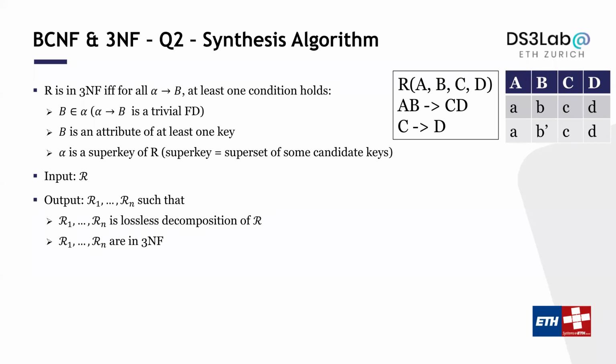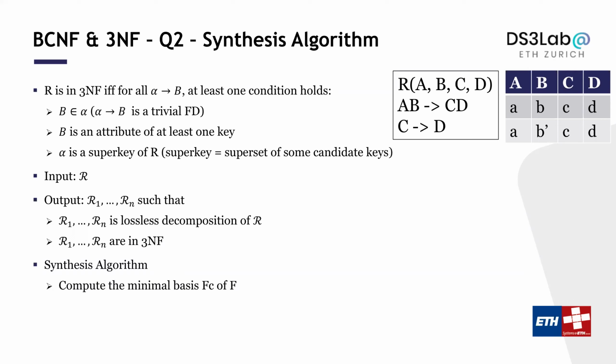And second, we want each Ri in R1 to Rn to be in third normal form. That's the algorithm we want. The algorithm is also very simple. It's called the synthesis algorithm. It's not decomposition because, as you will see, the algorithm actually runs bottom up instead of top down compared with the decomposition algorithm.